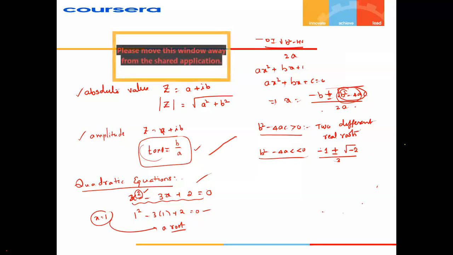Now we know this is nothing but (-1 ± √2 i) / 3, right? Because the root of minus 1 is i. So that means if b² - 4ac is less than 0, then we'll have complex roots.